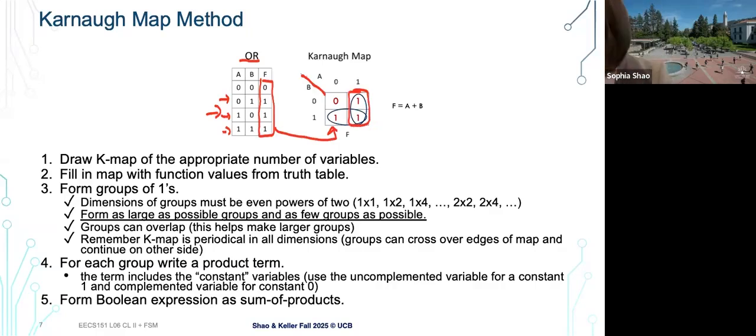Let's say for this column, when A is 1, I see this pattern where the circled ones are adjacent to each other across different rows. What this basically means is that as long as A is 1, no matter what the value of B, the output is always 1. Does that make sense?